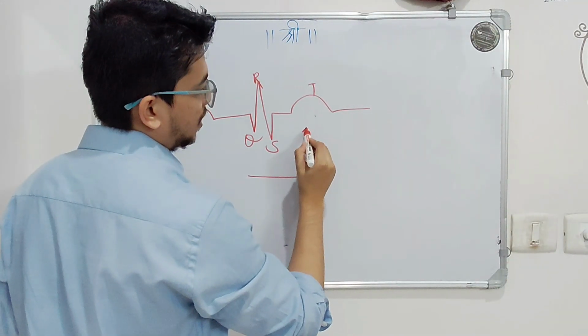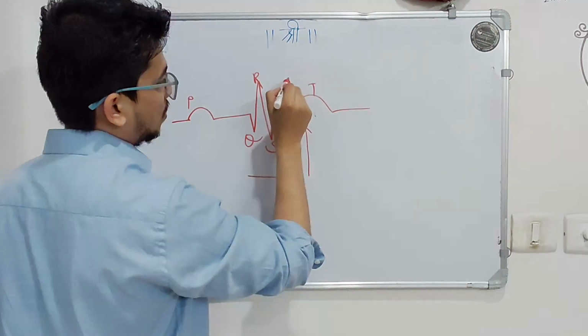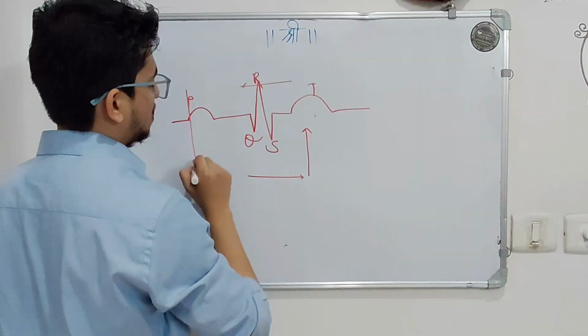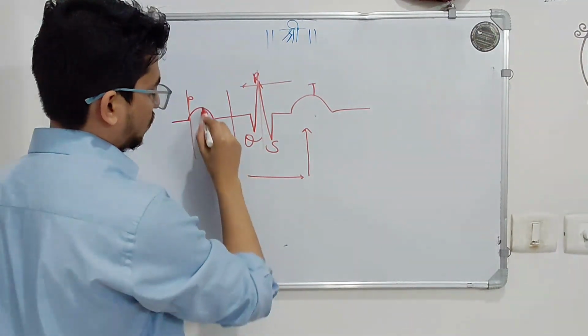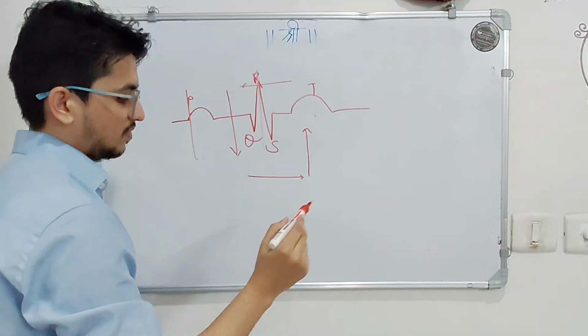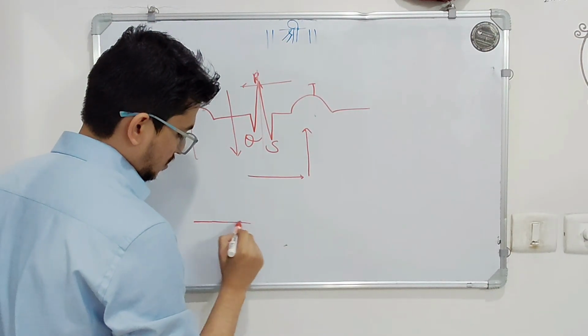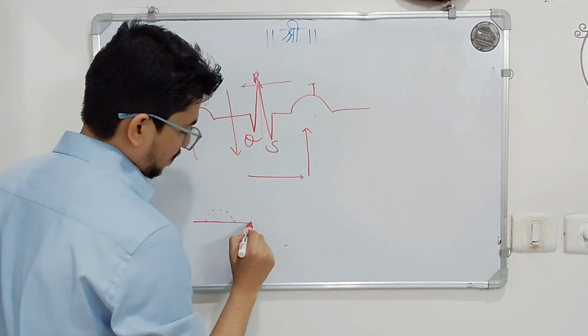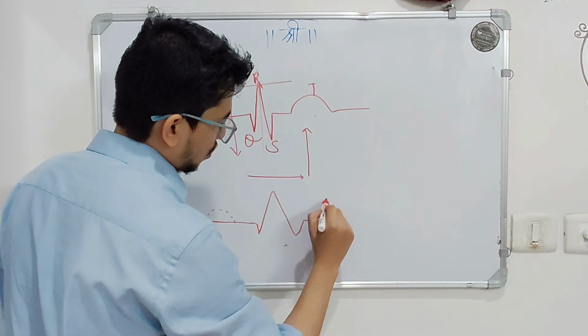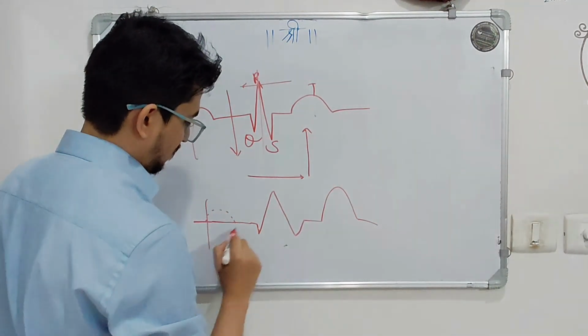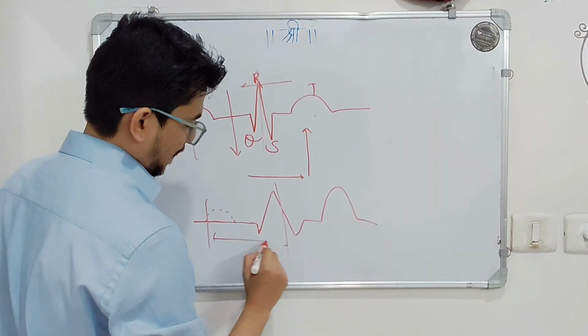Go up, it's showing tall T waves. Go back, it shows the increase in the PR interval. Then go downward again, it's showing deepening of P waves. Deepening of P waves, widening of QRS complex, tall T waves, increase in PR interval.